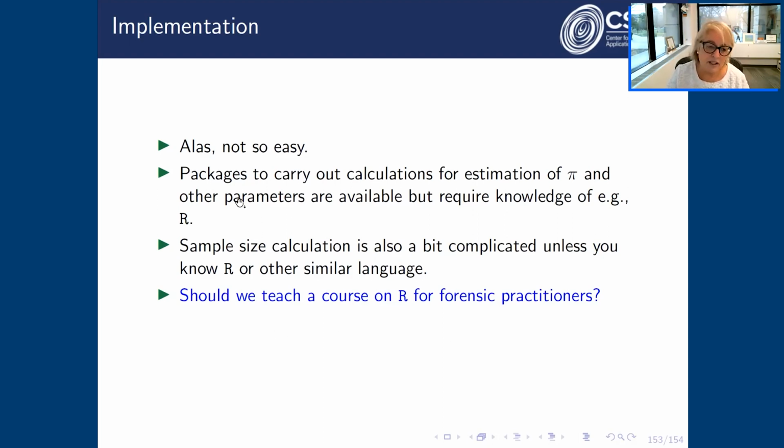Most of them require knowledge of some specialized software like R, but others don't. So in general, it's becoming easier to be a Bayesian, at least in terms of estimating population parameters. But sample size calculation is also complicated, and I don't know of any package out there that will allow you to do sample size calculation from a Bayesian point of view.